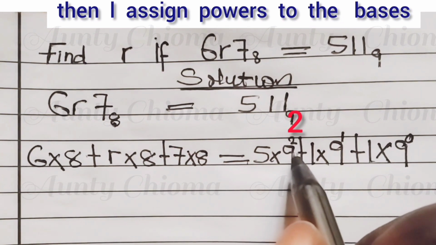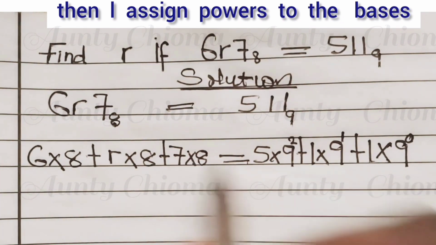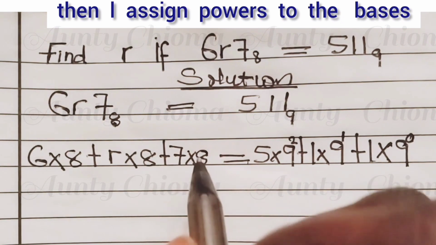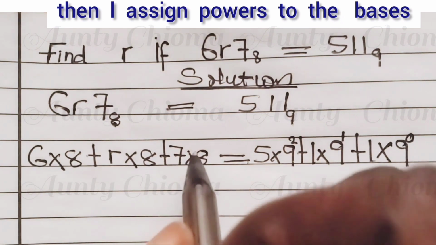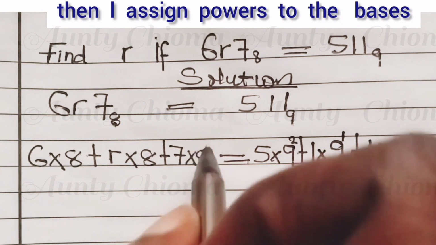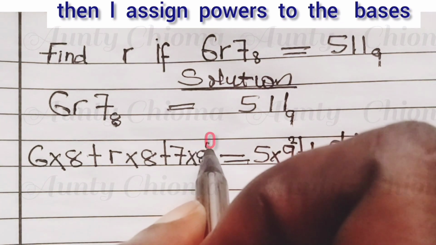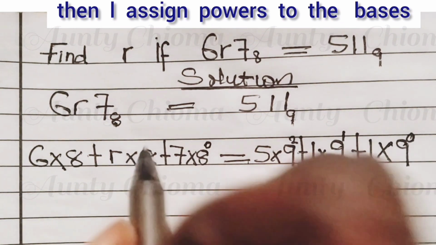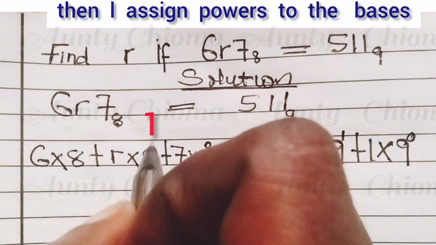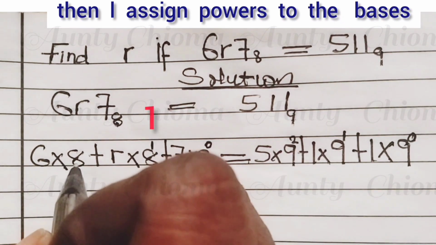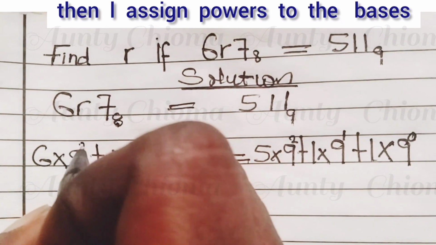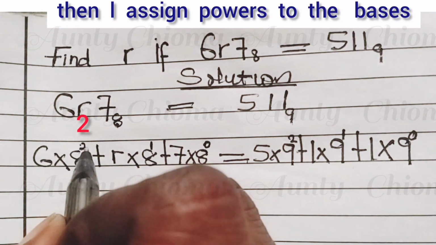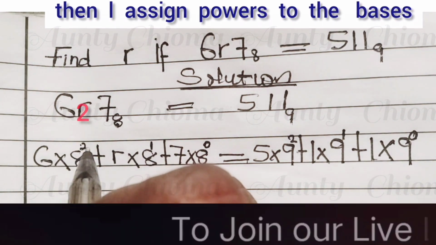Then I come to this side. What I did to this side, I will do to this side. I start with the first 8 and assign power 0. Second 8, assign power 1. Third 8, finally assign power 2.